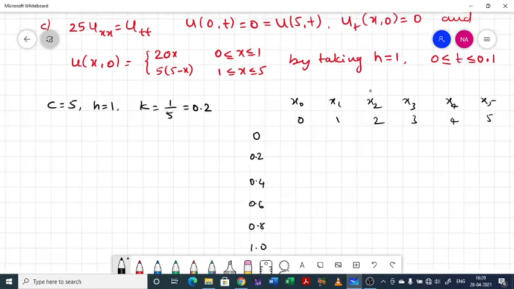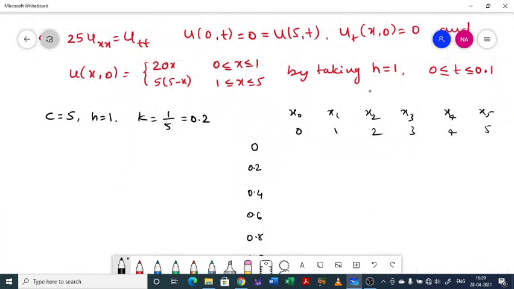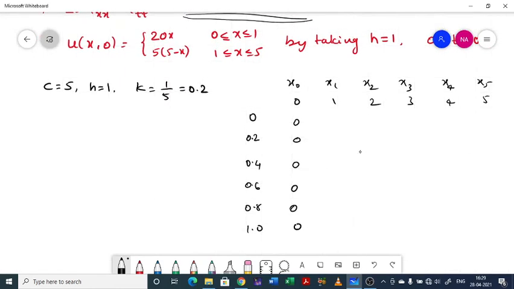And given u of 0 comma t equal to 0 equal to u of 5 comma t, that means this column will be 0. I am just writing the final table. We have to write all the remaining steps.